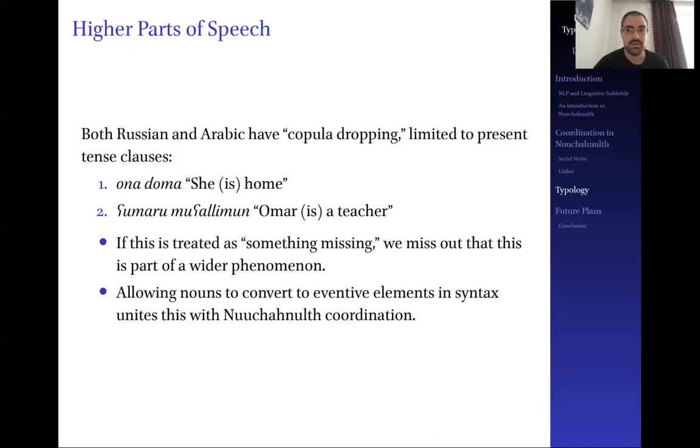This is the most common restriction. And in Nuuchahnulth, you can do it whenever you want, regardless of tense. So maybe we're actually looking at the same phenomenon, and our bias of knowing languages where the copula is always required, like English, leads us to think that Russian and Arabic have something missing and that Nuuchahnulth is exotic.